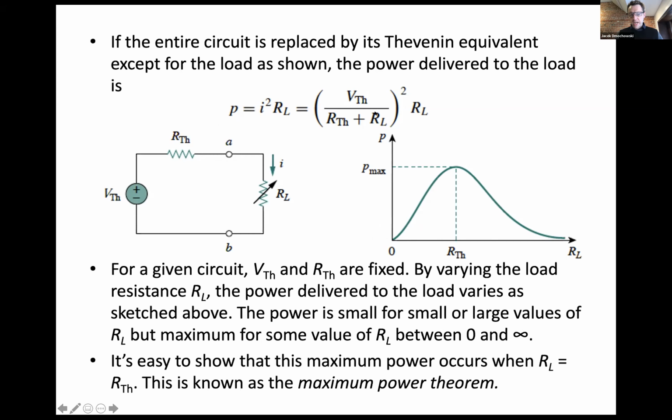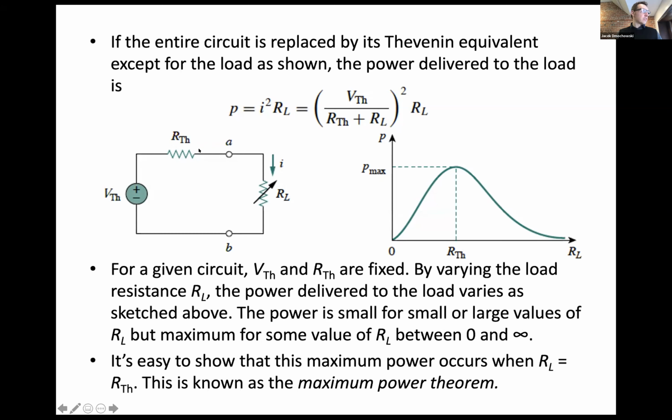In other words, when your load resistance is exactly equal to the Thevenin resistance, the power that's delivered to your device is maximized. So your device's resistance should match the circuit's Thevenin resistance to get as much power into your device as possible.